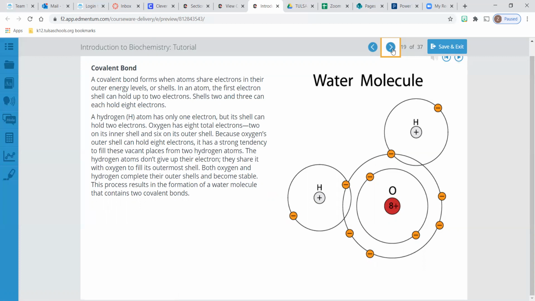In an atom, the first electron shell can hold up to 2 electrons. So this innermost shell can hold 2. But shell 2 and 3 can each hold 8 electrons. A hydrogen atom has only 1 electron, but its shell can hold 2 electrons.